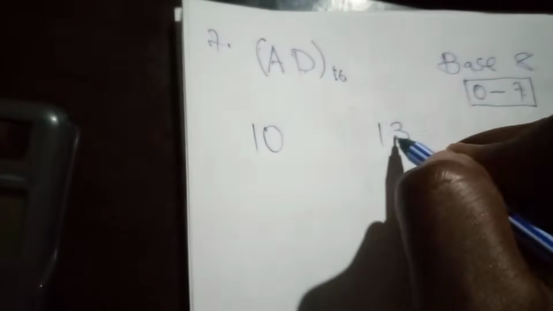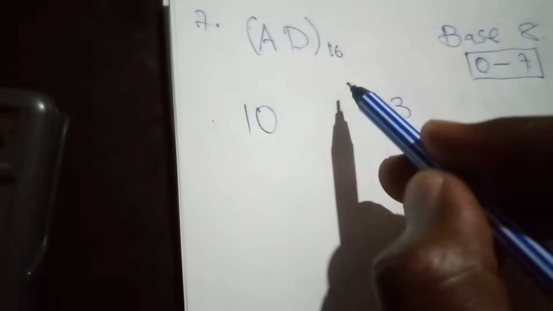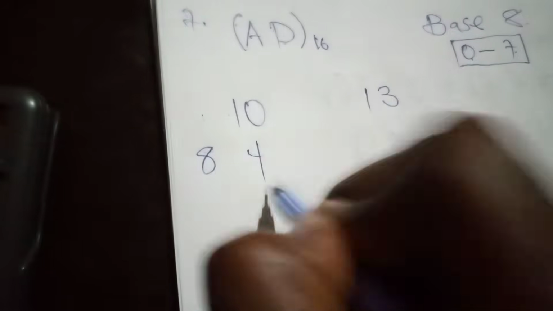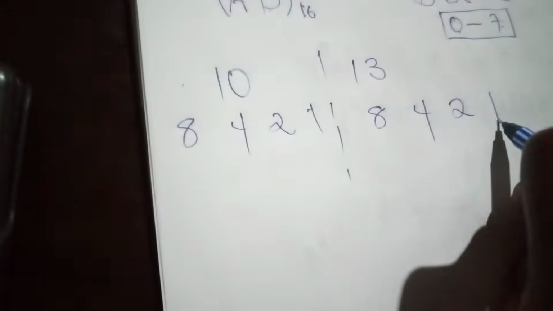A is represented by 10 and D is represented by 13. So I'm going to find the numbers that, when I add them, give me the hexadecimal digit: that is 8, 4, 2, 1.